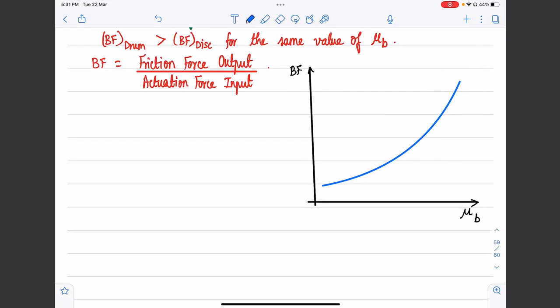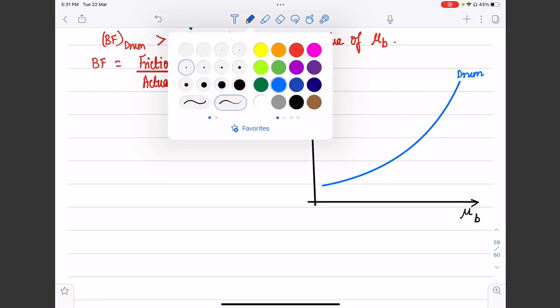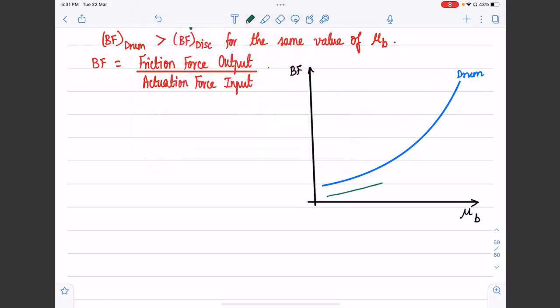This is the brake factor plot for a drum brake. The equivalent diagram for a disc brake is going to be almost linear. So this is the brake factor of a disc brake.